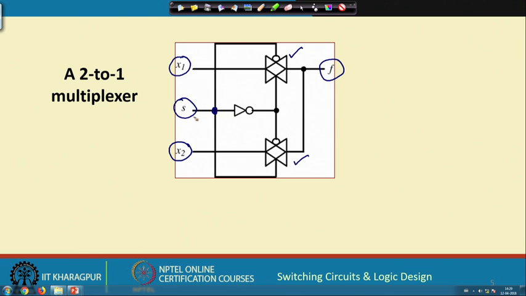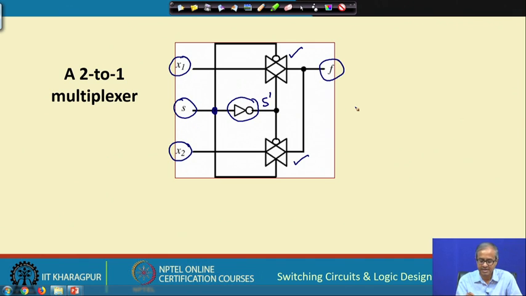S is connected directly here and also to the inverting input here, and I have a NOT gate. So, on this side I have S bar, which is NOT of S. S bar I am connecting to the reverse side, to the non-inverting part of this and to the inverting part of this.